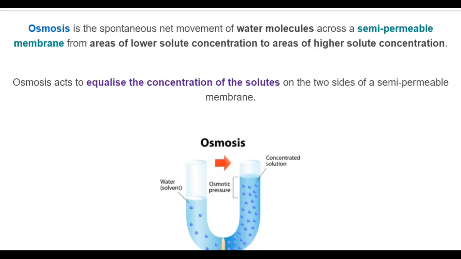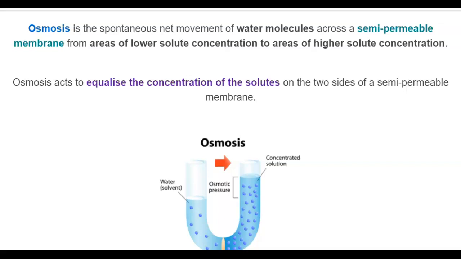Net movement means the overall movement. So some molecules will be moving one way, other molecules will be moving another way in the opposite direction across the semi-permeable membrane. When you take away, it's the total movement of the molecules moving to and from a cell.